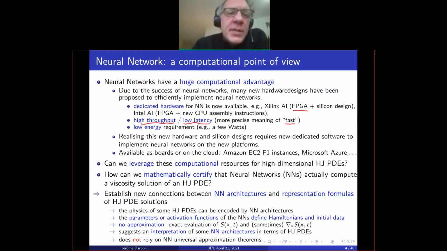And more importantly, those new FPGA-based chips have very low energy requirements. To give you an idea, when you can do the computation on an FPGA, you are using essentially 100 times less energy than on a usual CPU.